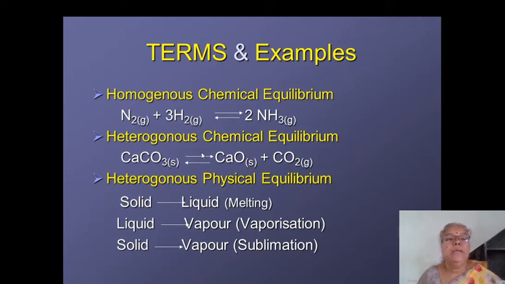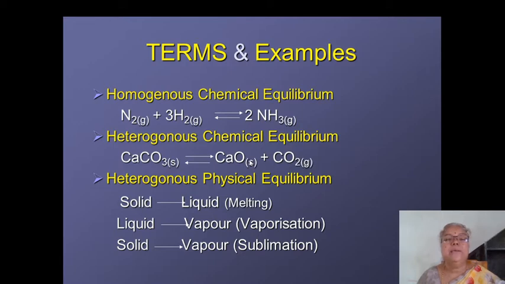Then heterogeneous system. Here calcium carbonate, when it is decomposed, produces calcium oxide and CO2 gas. Calcium carbonate is in a solid state. Again, calcium oxide is also in a solid state, while CO2 is in a gaseous state.